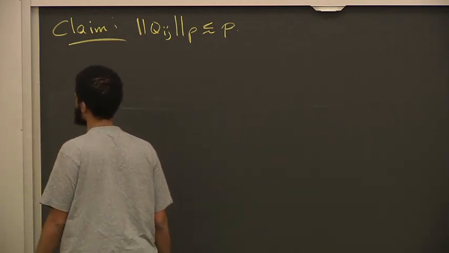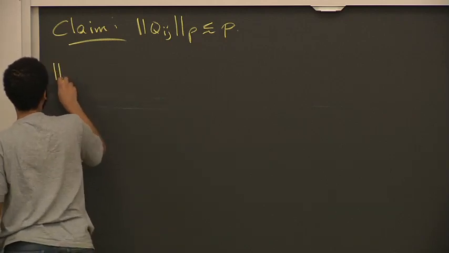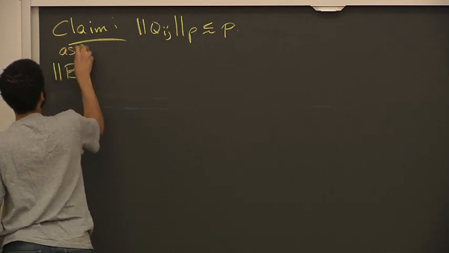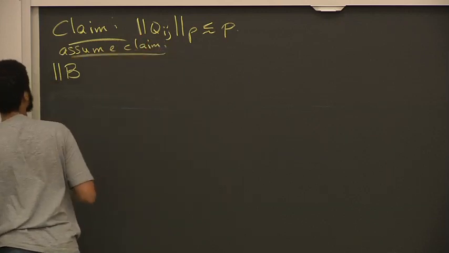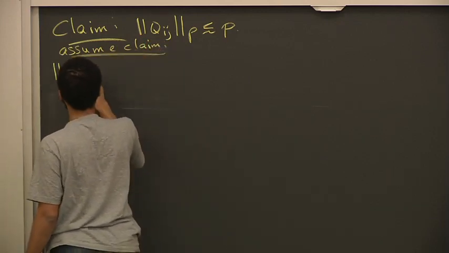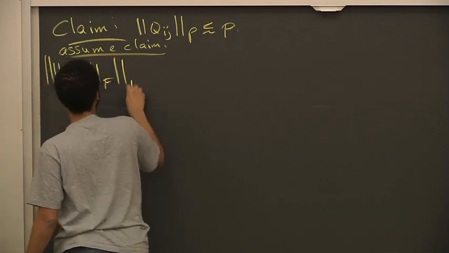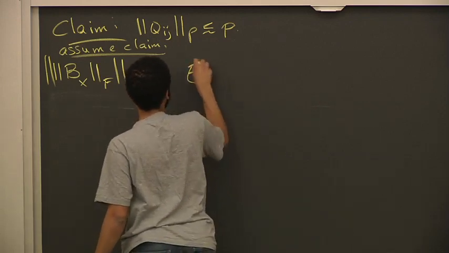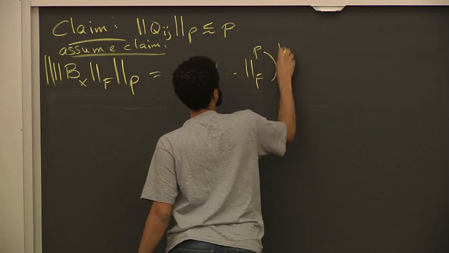Let's finish the analysis. Now we want to bound the p norm of that thing, assuming the claim. Remember the definition of p norm. This is the expectation of that Frobenius norm to the p, to the 1 over p.